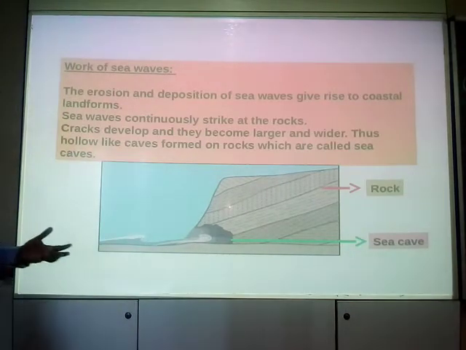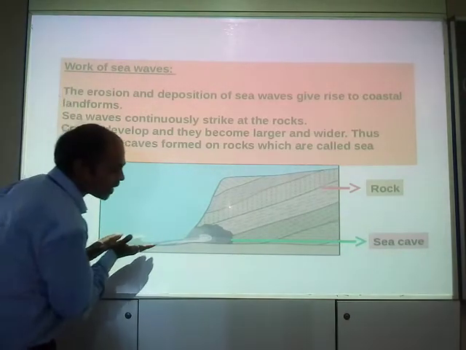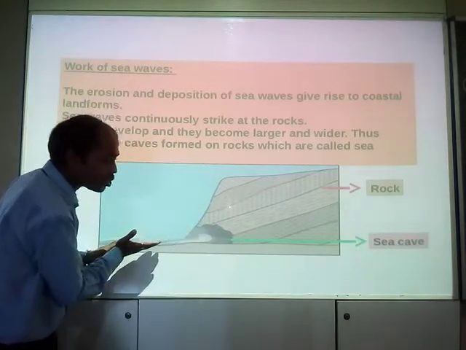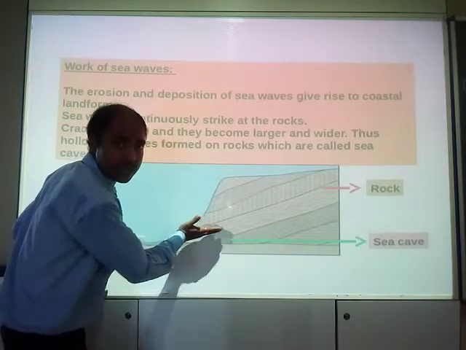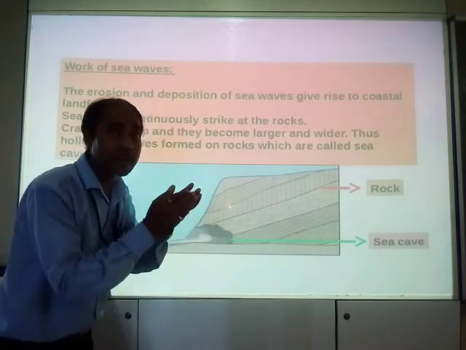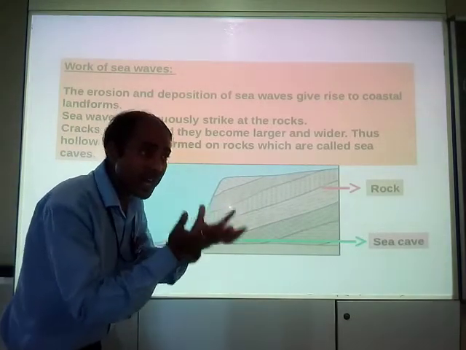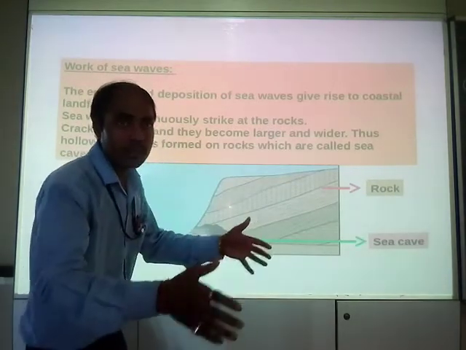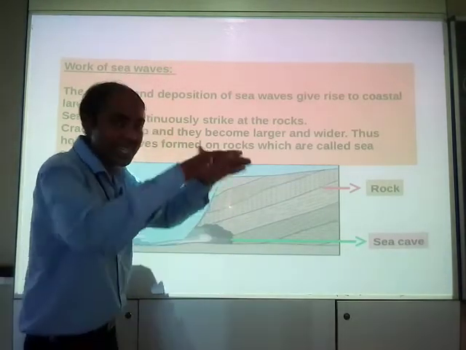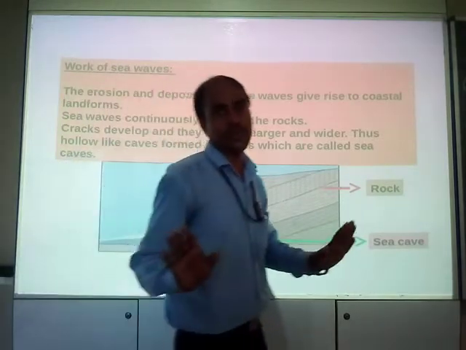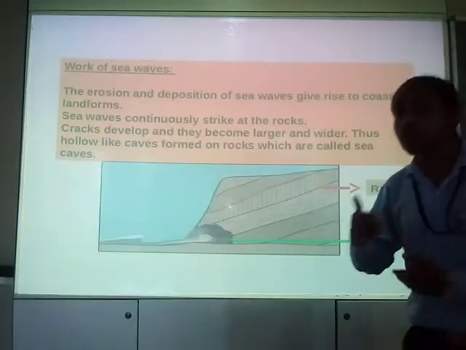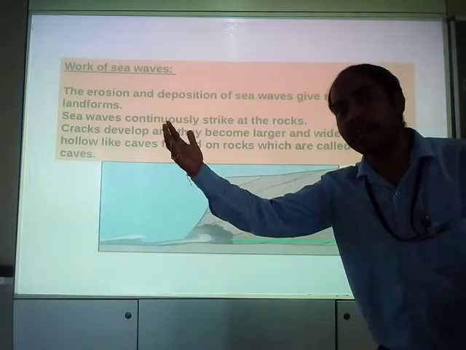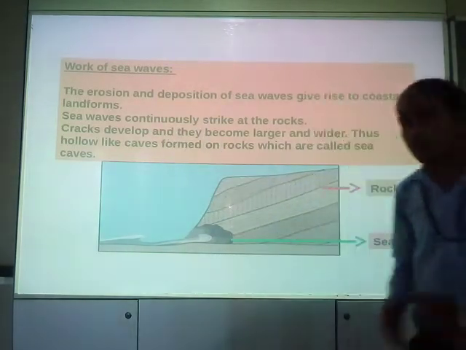So how are sea caves formed? Due to the continuous striking of sea waves, the rocks develop cracks and finally form a hollow-like structure, which is not solid, called a cave. You might have read in your stories what caves are. A lion used to live in a cave.